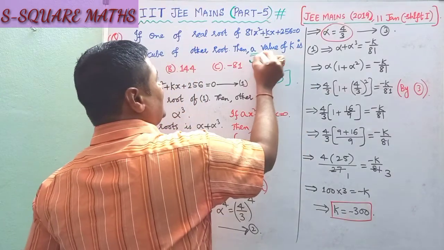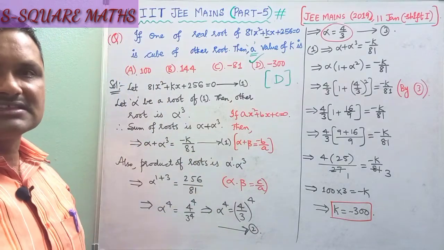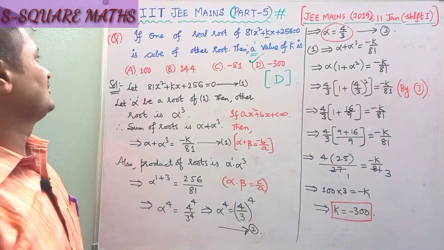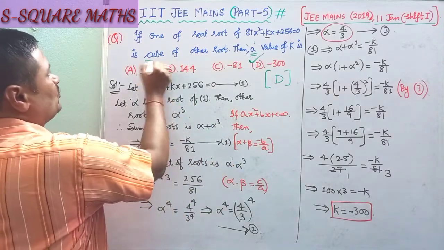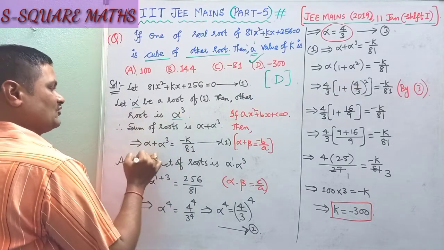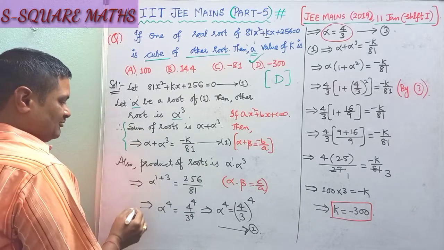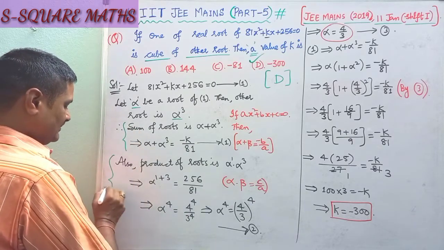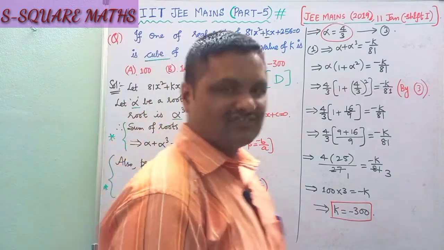So one value of k is minus 300. If one real root is the cube of the other root, this is alpha and this is alpha cube according to our data. These are the basic steps, and like this we can proceed.